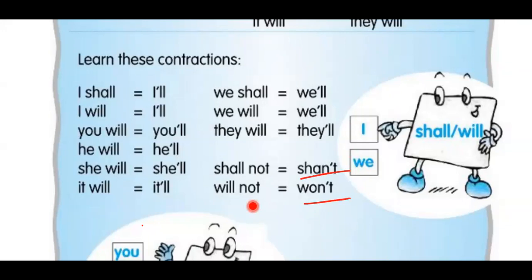Tell me what negative you will say. I said I will go to the park, so what will you say? I will not go to the park. Yeah, I won't go to the park. Have you understood what I'm trying to say, beta? Okay.